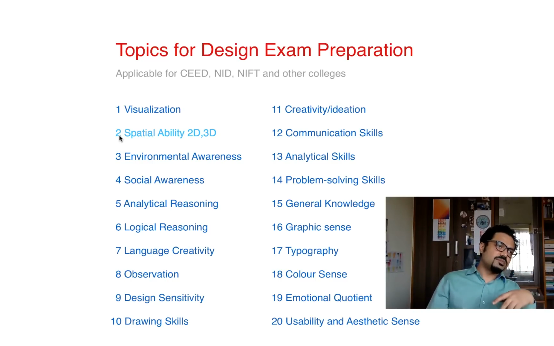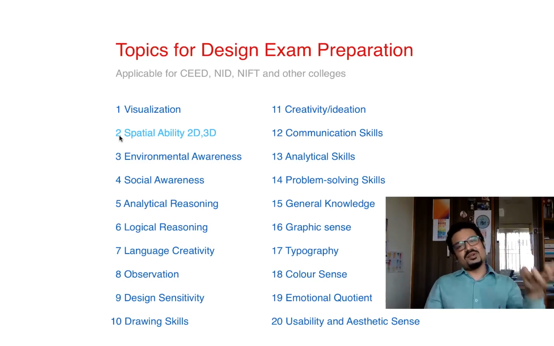Again, that will be checked through some word based problems, or through color sense based questions, like what do you think will be the right colors for anger, or sympathy, or love, or passion, or all those things. So communication skills can also be through words or through colors, and how you can communicate will be checked through different aspects.